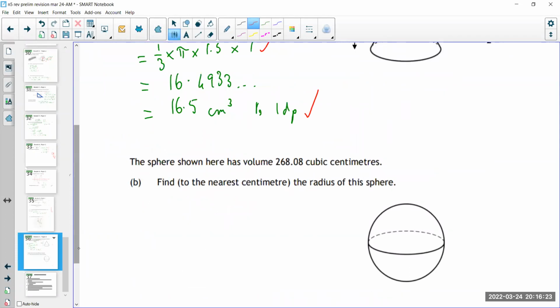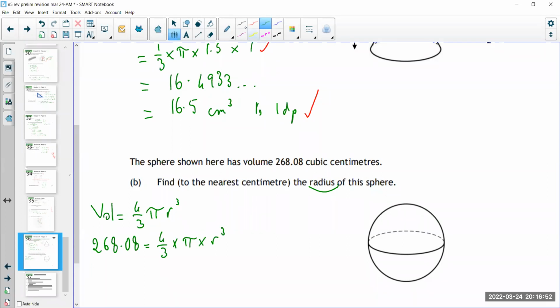So the last question here, again, I'm going to use my formula sheet. Volume of a sphere is 4/3 pi r cubed. Find the radius. So I'm going to calculate that by replacing: 268.08 equals 4/3 times pi times r cubed, 1 mark.